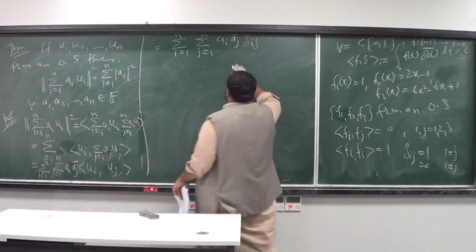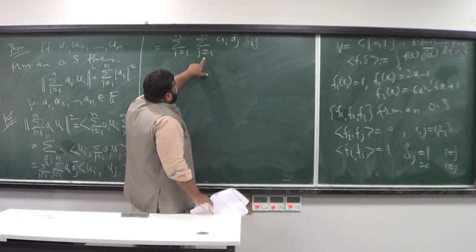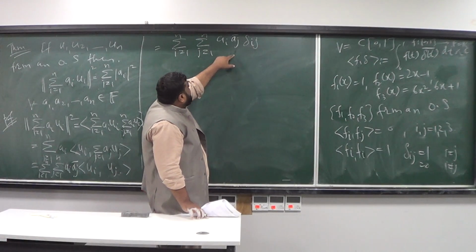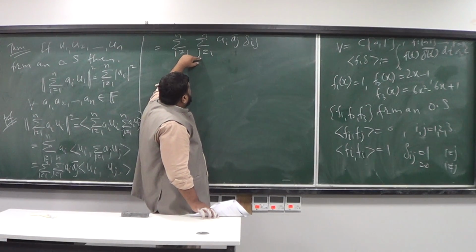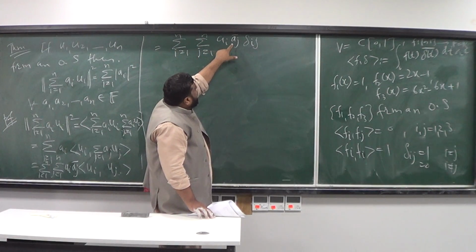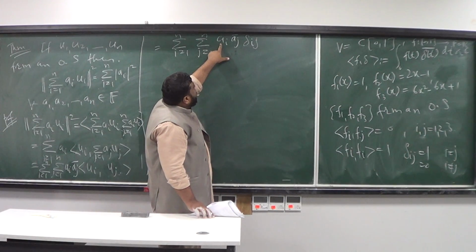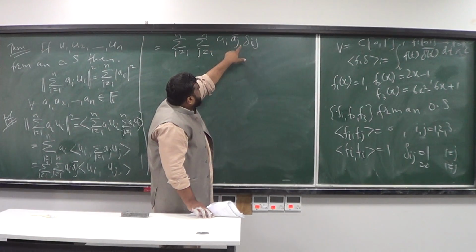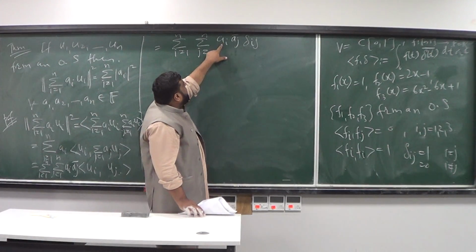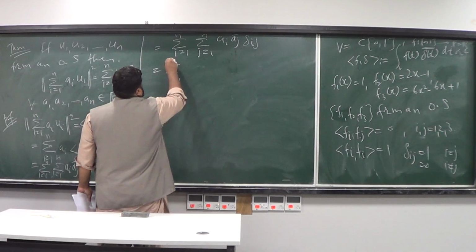So what would this be? If you expand this sum, it will go from j equal to 1 to n. So you're going to have a_i, a_1 bar, delta i1, a_i, a_2 bar, delta i2, and so on and so forth. Maybe I should write it more explicitly, for i equal to 1 to n.